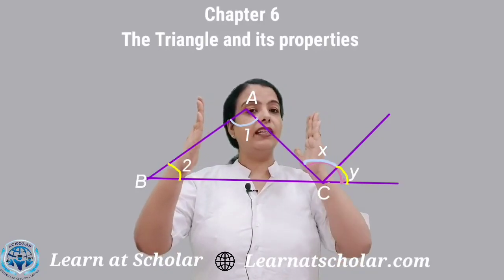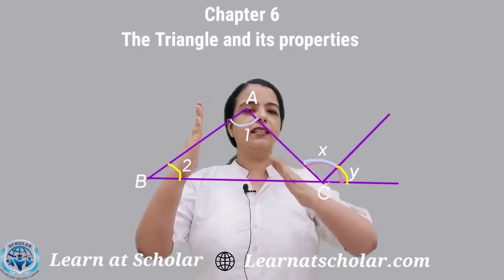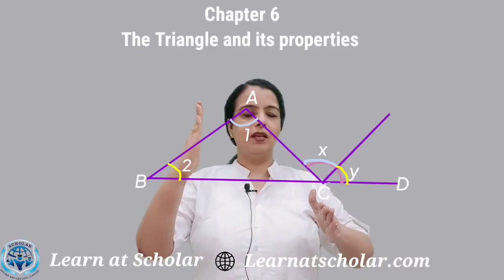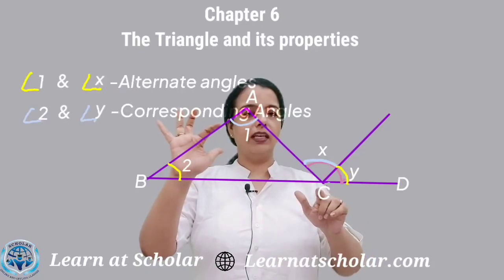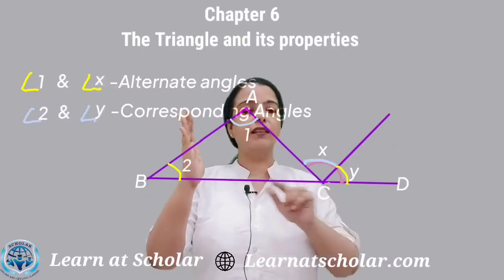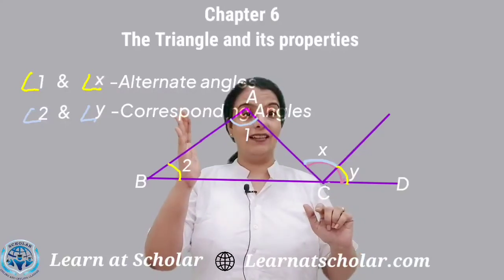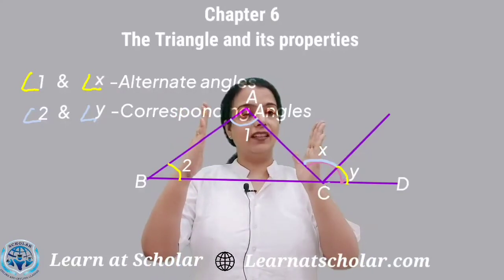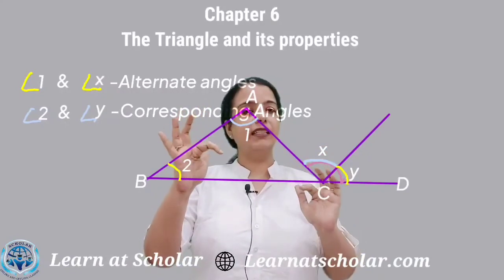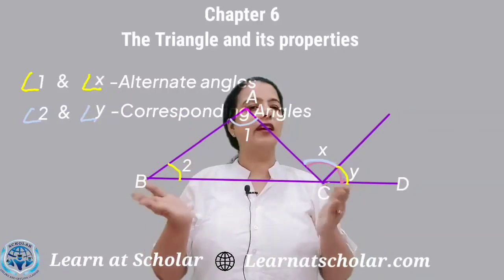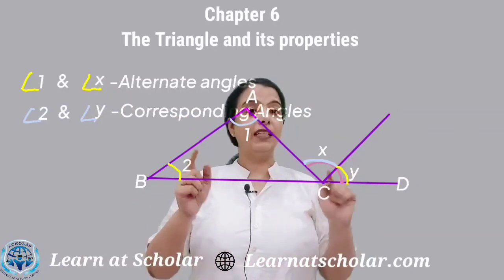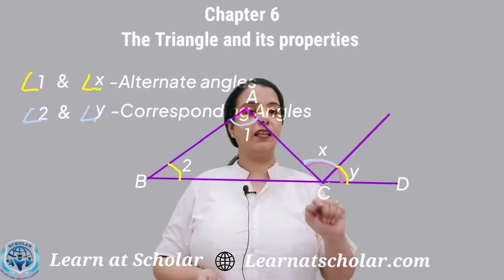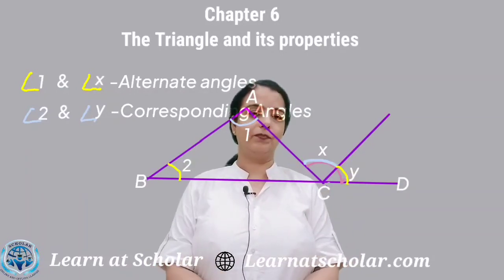Because this line is parallel to this line and this is a transversal. So these two angles are alternate while these two angles are corresponding angles. As when the lines are parallel, alternate angles and corresponding angles are equal. That means this angle is equal to this and this angle is equal to this.